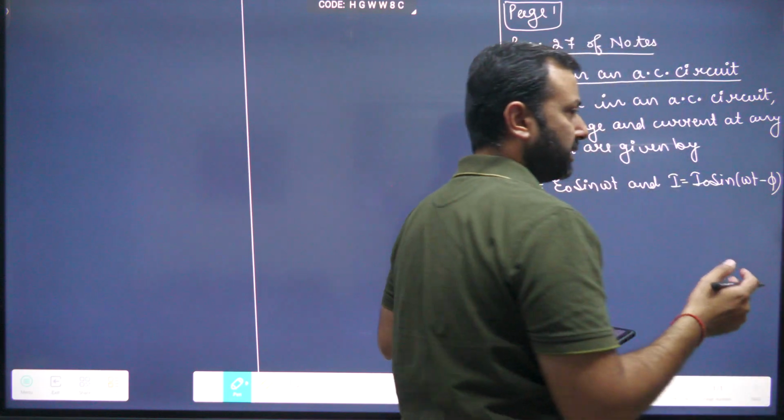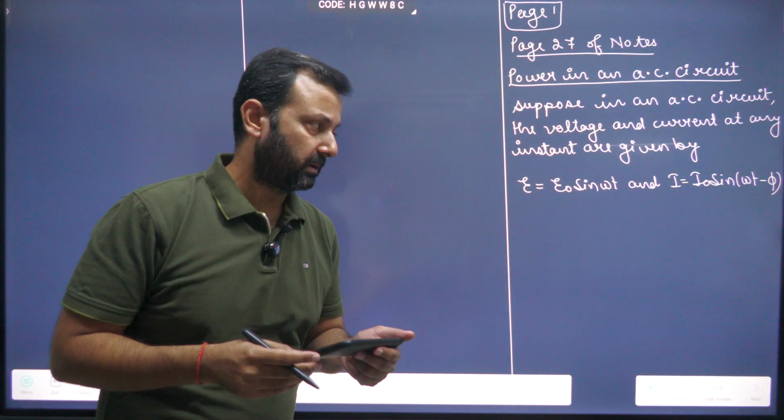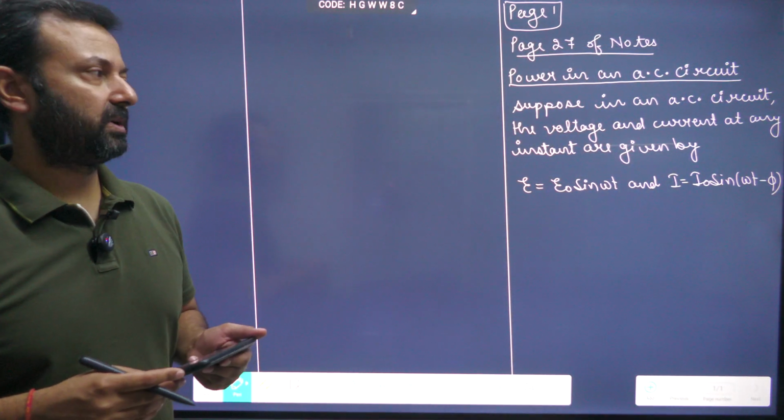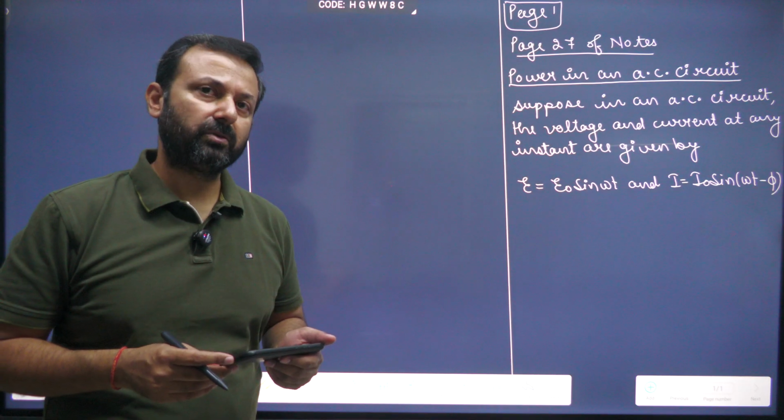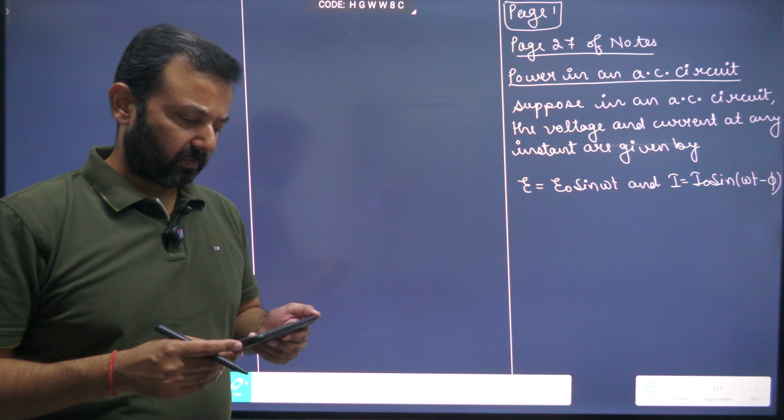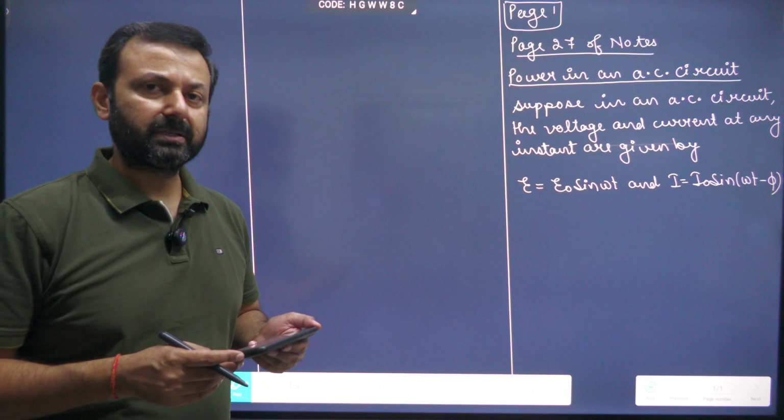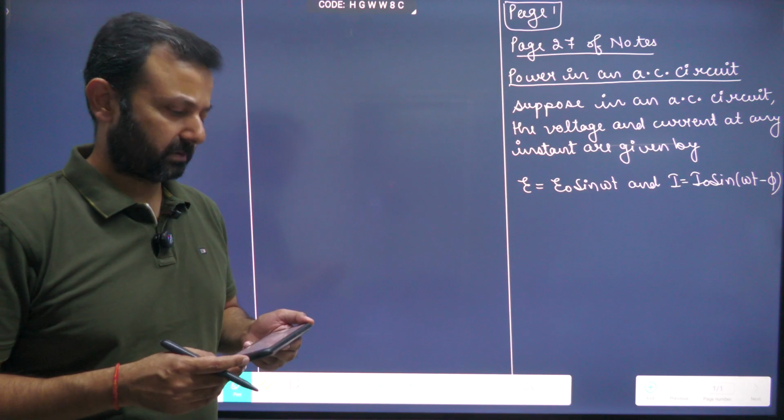Phi is the phase difference between EMF and current, where phi is the phase angle by which the voltage E leads the current I.